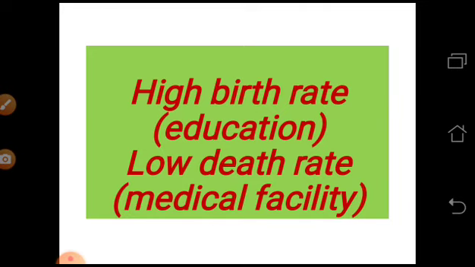Medicines are there, treatment is there. That is why the death rate will come down, whereas the birth rate takes time to come down. That is why there is a high growth rate of population.